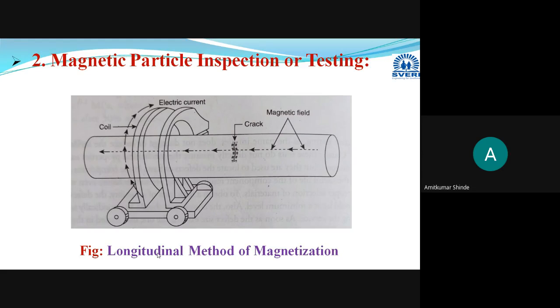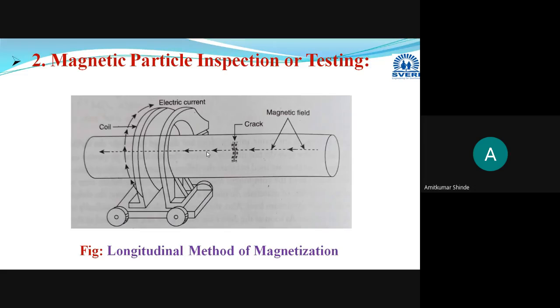That's why you will be able to detect surface defects as well as subsurface defects, up to a maximum of 2 inches deep from the top surface. Inside this 2 inches, those defects only can be detected in magnetic particle testing.